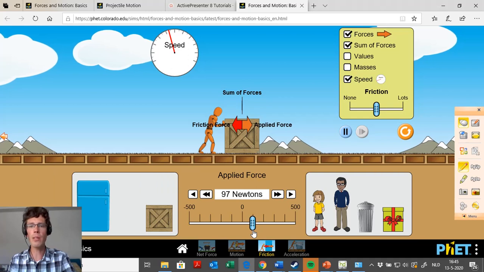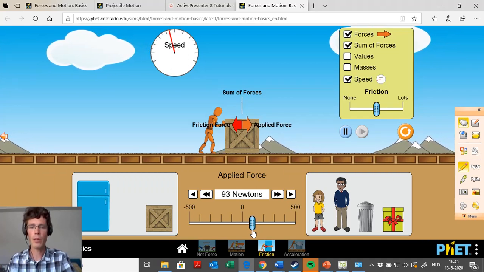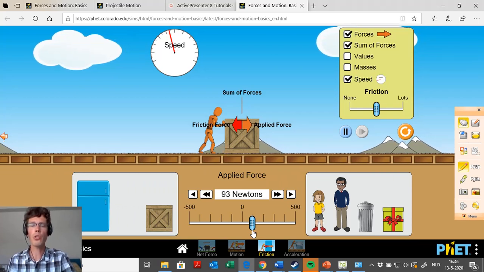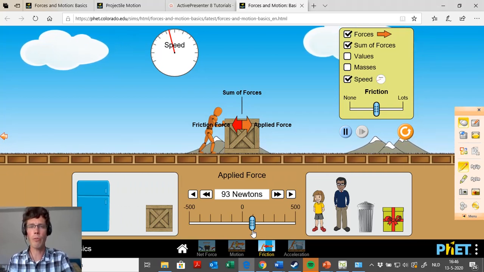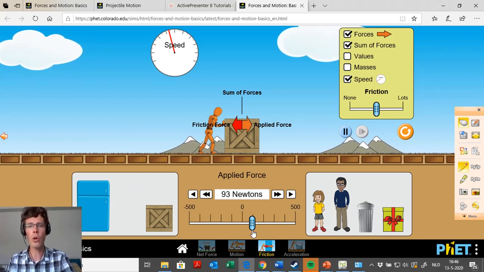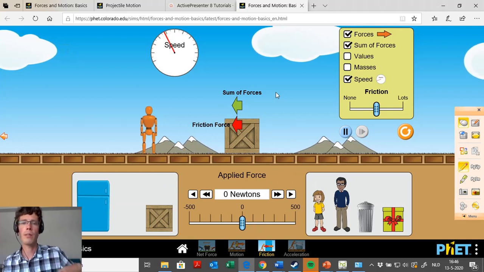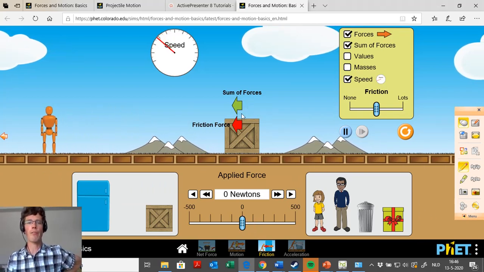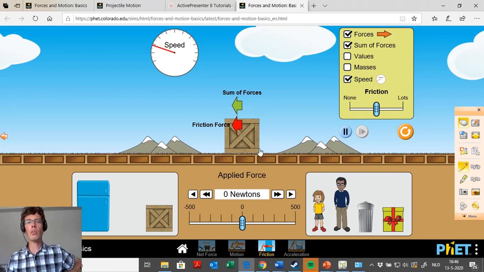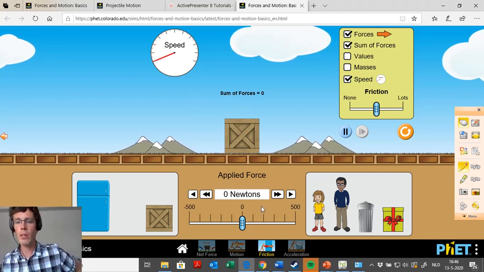And now we see I do have to push, but I only have to push just as hard as the force of friction. Then my speed will remain constant. When I stop pushing, then the sum of the forces is to the left, even though the crate is still moving to the right, and it will only stop when the speed is zero.